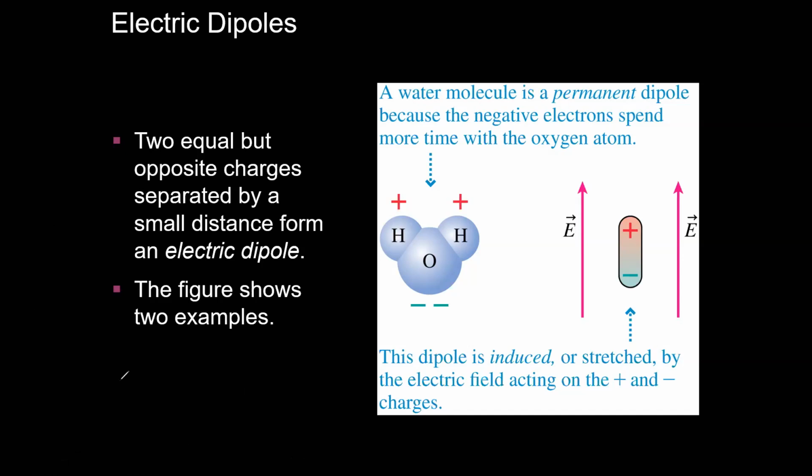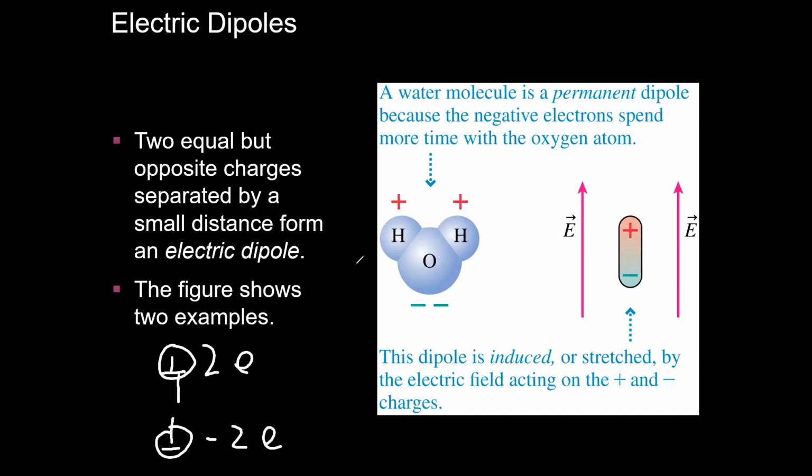So if you have an oxygen atom with pretty much a covalent bond between the hydrogen atoms and the oxygen atom, then you kind of have a sort of ionic distribution of charge here, where you pretty much have a positive charge of magnitude 2e, and then a negative charge at the bottom here of magnitude minus 2e, right?